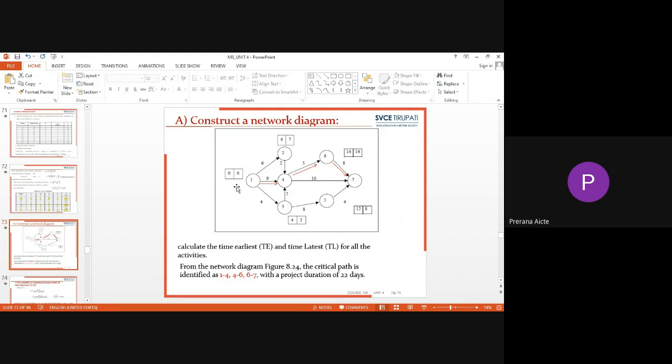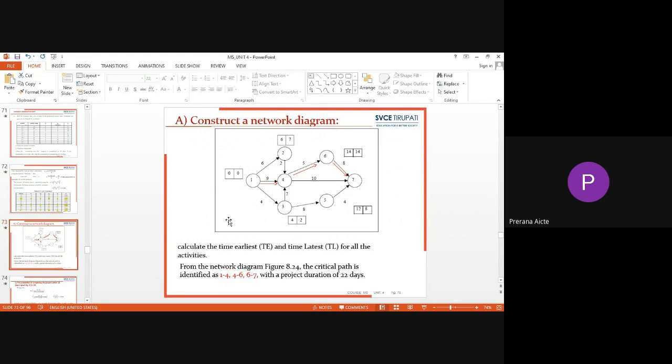And once the project network has been done, we'll calculate the earliest time and the latest time. Here, the earliest and latest times are generally used for finding out the amount of time that can be delayed in each and every activity such that the total project duration is not delayed.